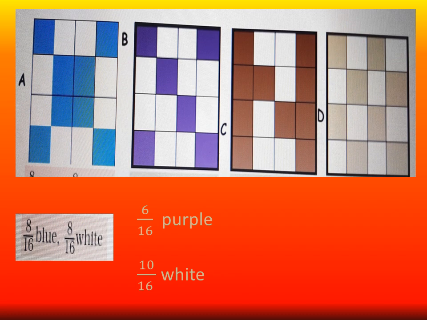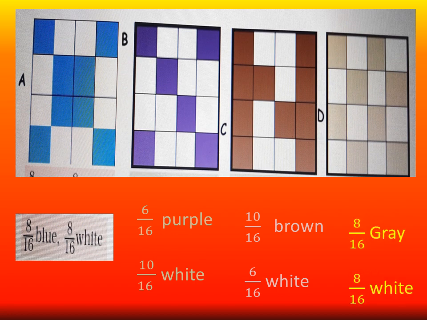Then for C, in this rectangle C, how many squares are colored brown? So count. The total is 10. So the fraction comes to 10 upon 16 is brown, and the white left out is 6. 6 upon 16 is white. Now the last one, D. Here we colored it with grey.